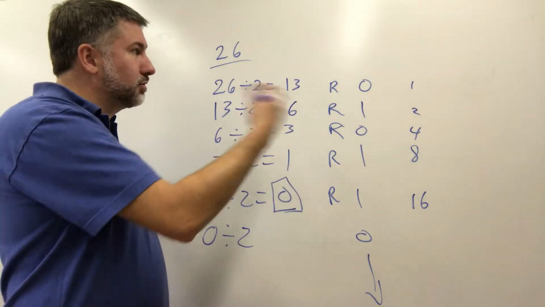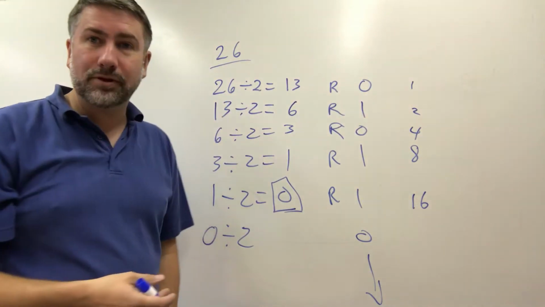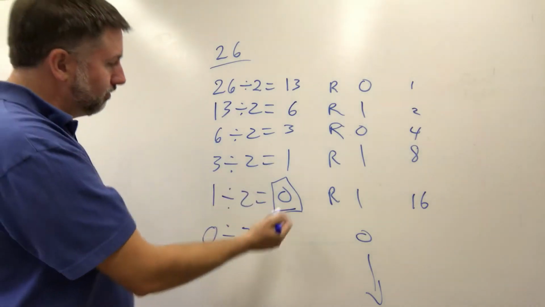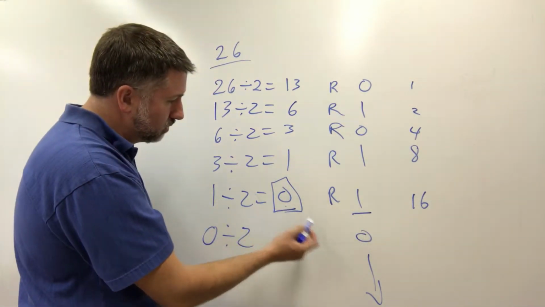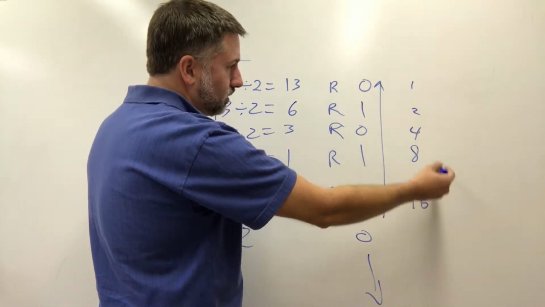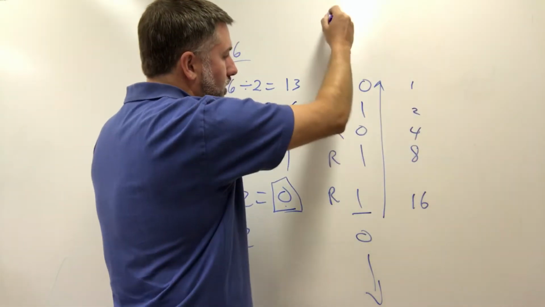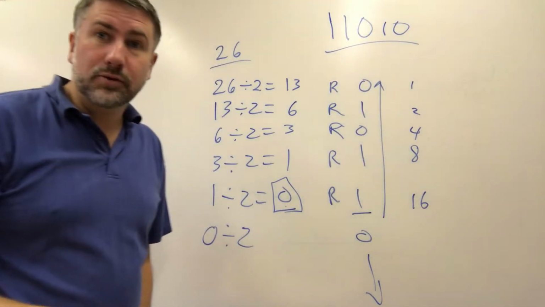To figure out what numbers are in base 10, you do repeated division by 10, and you'd get the numbers back. I'll give you an example of that later. But to find the number here, now that we finish this, we start with this last number that corresponds to this 0, and we read upwards, because that's our 16's place, our 8's, our 4's, our 2's, our 1's. 1, 1, 0, 1, 0, which is the number that we got before.